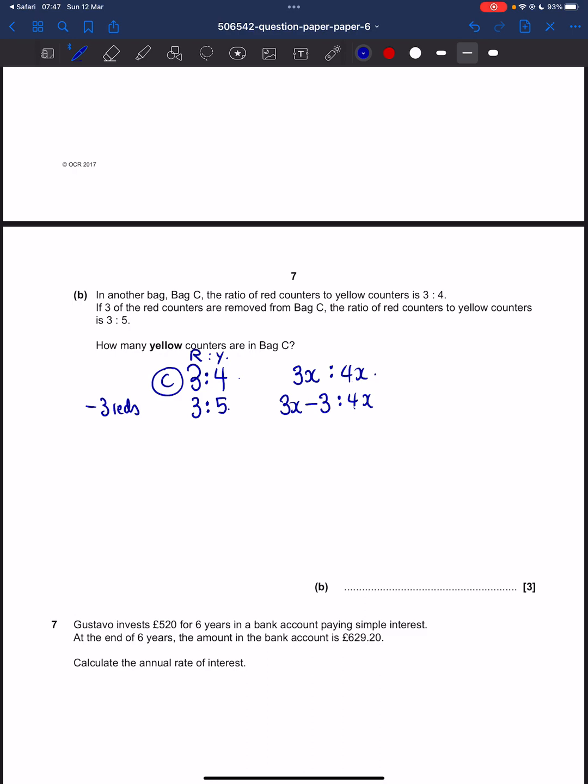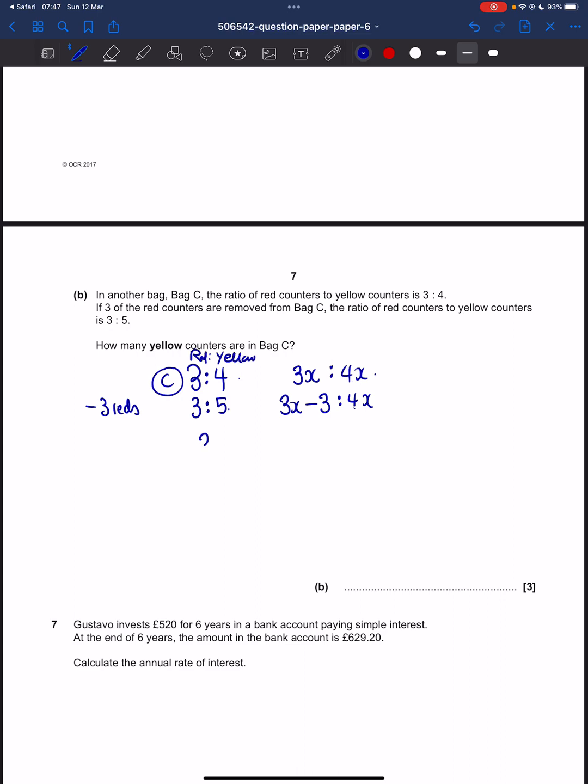I'm wondering if I need to introduce another letter or not. I was going to introduce a y, but I've got a capital Y there. I'll just call that yellow and write that out in full.